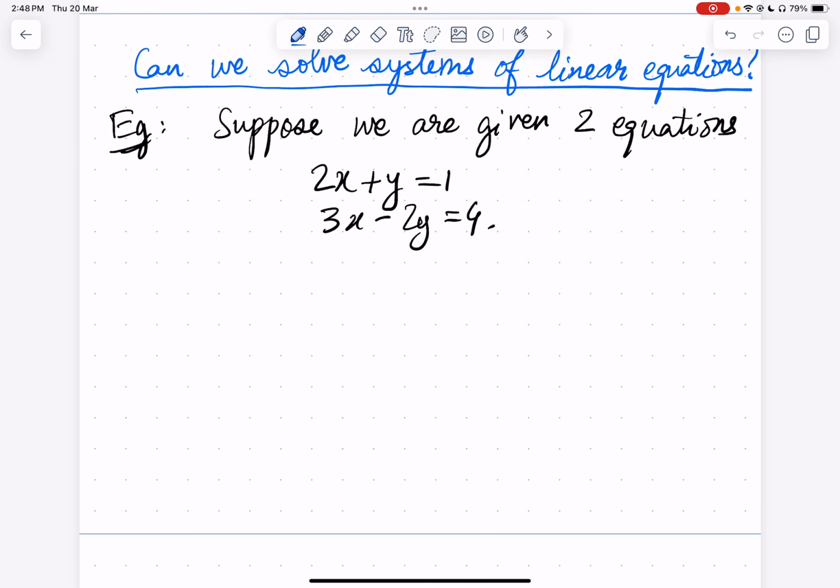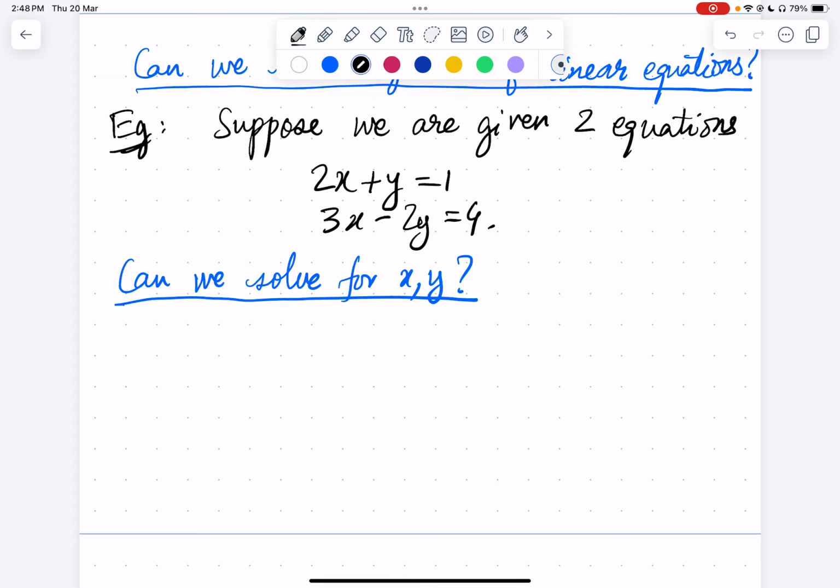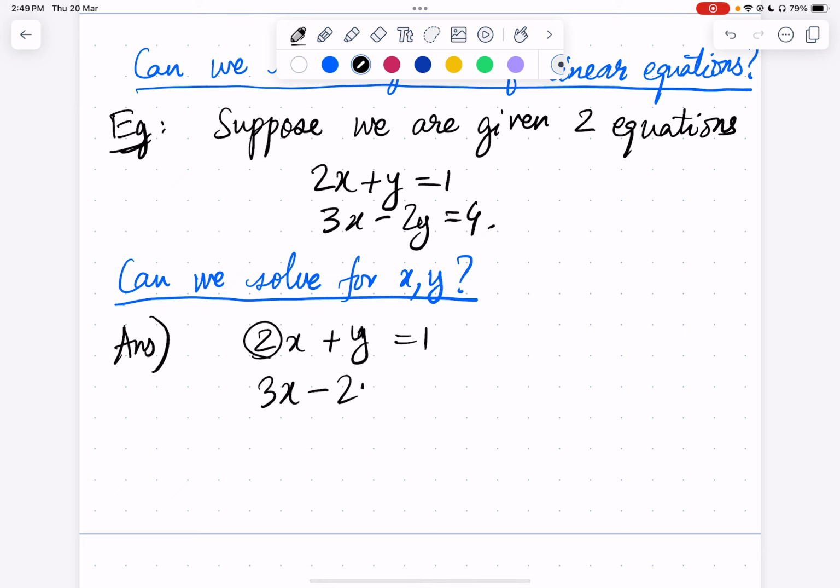So can we solve for x and y? So let's see. So 2x plus y equals 1 and 3x minus 2y equals 4.